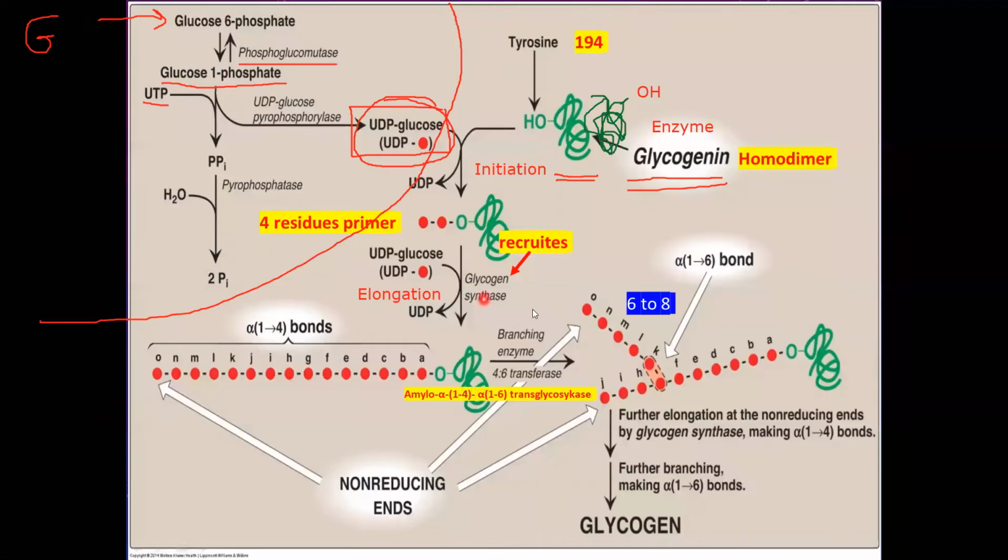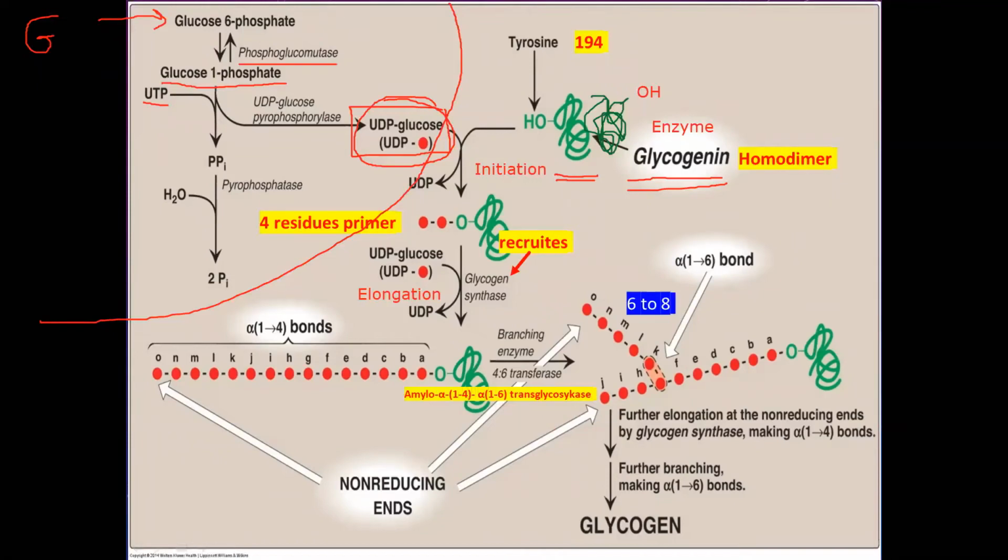Glycogen synthase, because it is the elongation process. So we have branching and elongation after the critical length. This enzyme is called 4,6 transferase, short for amylo-alpha-1,4-alpha-1,6-transglycosylase enzyme.